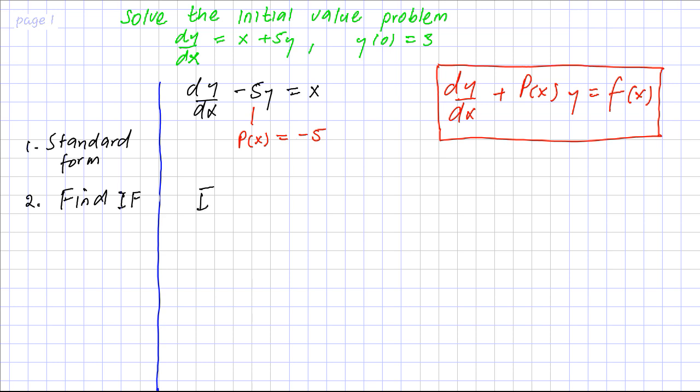So our integrating factor will be e exponent, integrate p of x with respect to x. Our p of x here is minus 5, so it will be e to the minus 5x. This is our integrating factor.